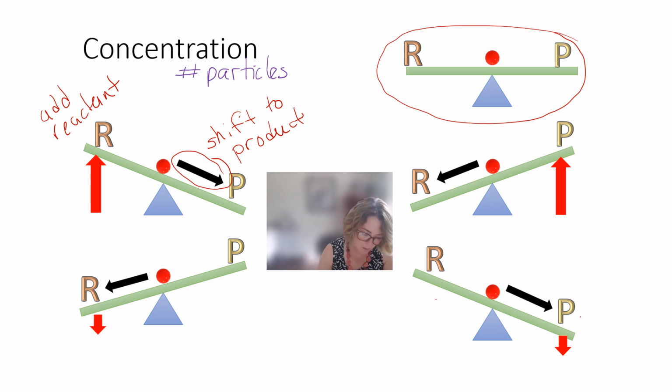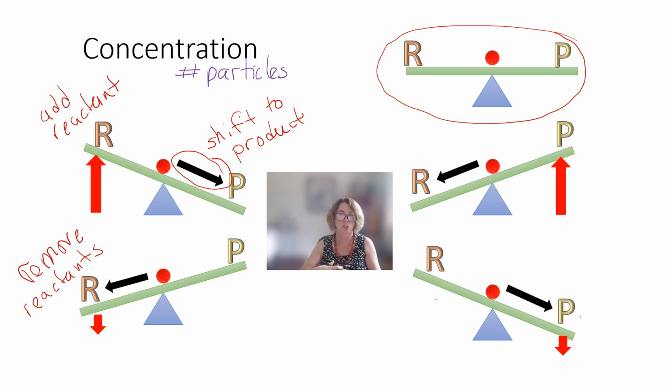Now let's talk about what happens when I remove reactants. So when I remove reactants, I cause that teeter-totter to shift, right? But I cause it to shift down.